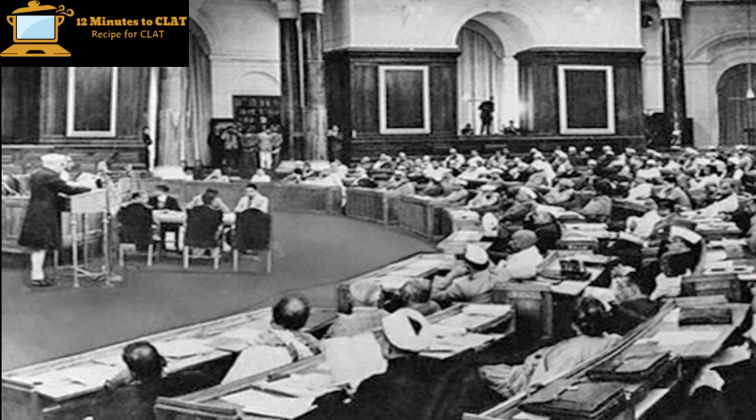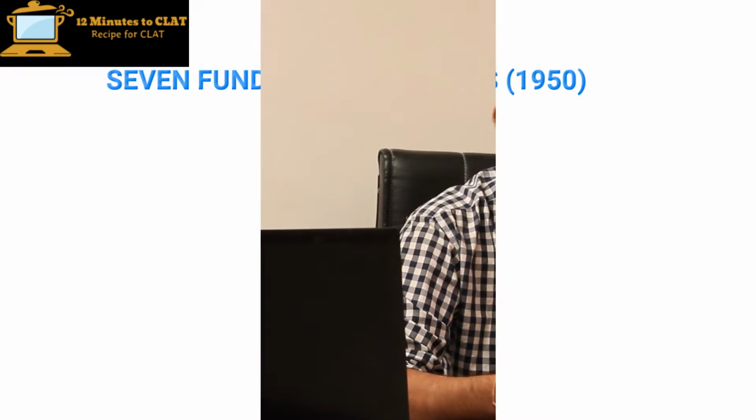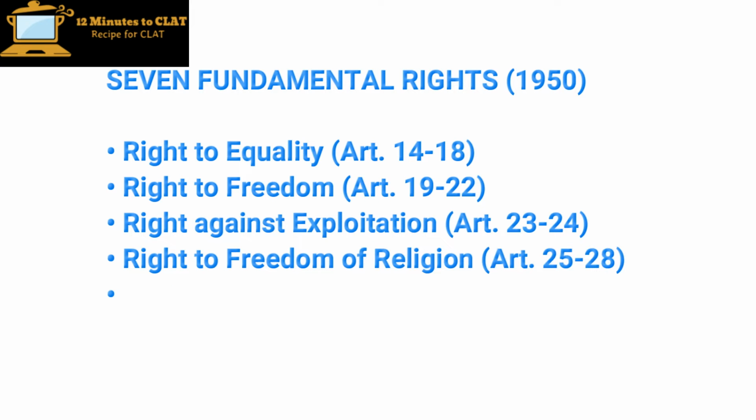Now, when the Constituent Assembly was deliberating over the inclusion of fundamental rights in the Constitution, they made a separate committee for this. This committee was called the Advisory Committee on Fundamental Rights, which was headed by Sardar Vallabhbhai Patel. After the Constitution was finally enforced on 26th January 1950, there were 7 fundamental rights in our Constitution initially.